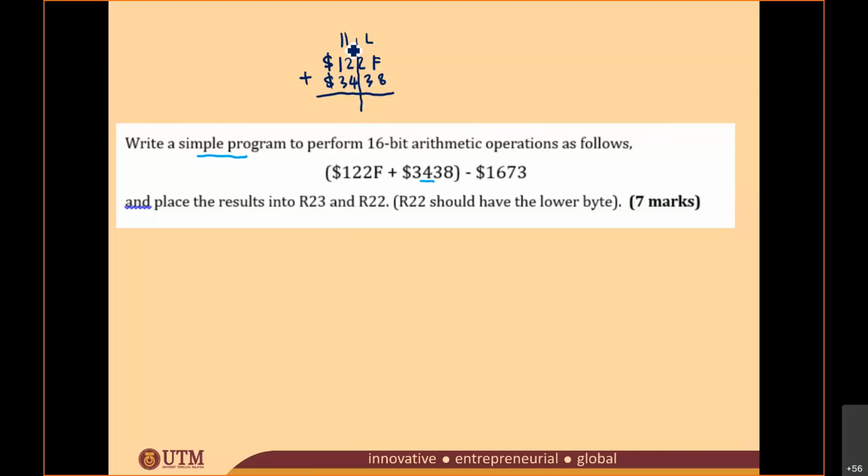So the low goes to R22, and the high is R23. And then after that, you subtract 0x73... sorry, not 0x3438, 0x1673.